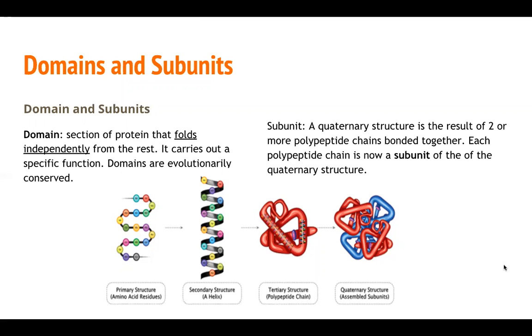So that's really the key difference between domains and subunits. Domains can look the same, but in different proteins, they have different functions. And they're usually independent of whatever the protein itself is doing. So they're responsible for particular functions or interactions that contribute to the overall role of the protein.